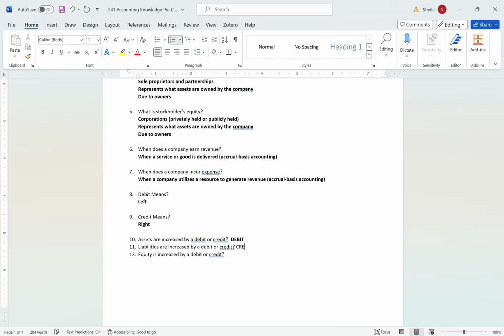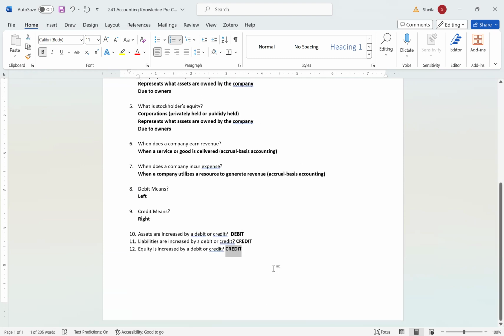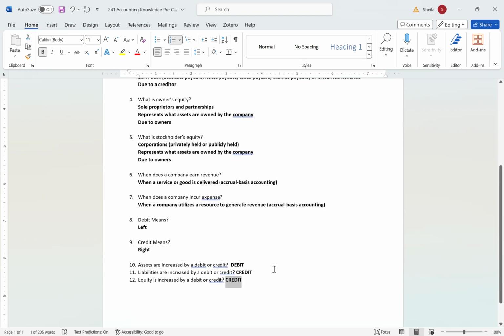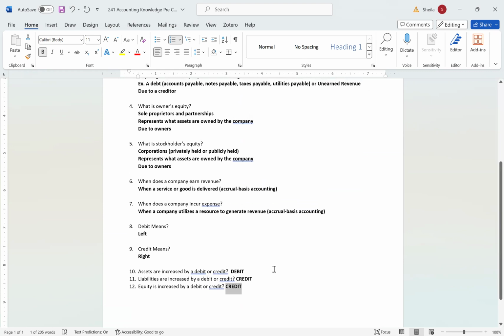Liabilities are always increased by a credit, and equity is always increased by a credit. As we get into learning more about each of these components, I want you to always think back to this document and think back to the basics and the foundation. If we always return to this, it's going to be very helpful for us as we continue to make progress learning all of the nuances surrounding accounting.